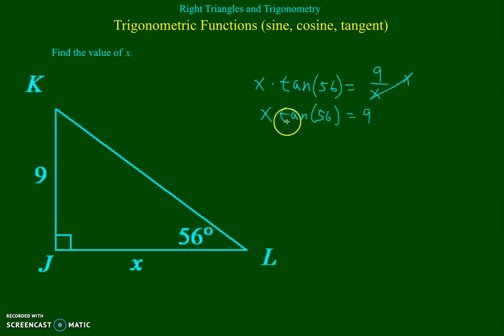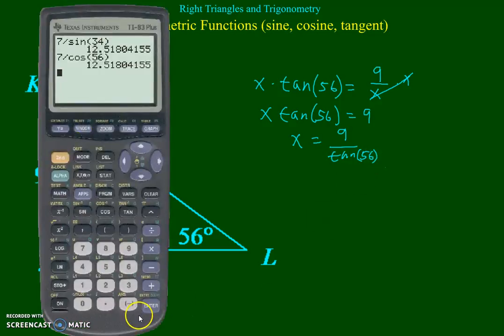And now this is just a number, so we're going to divide both sides by this number because we have to isolate the x. X equals 9 divided by the tangent of 56. Again, we bring up our calculator, and we have 9 divided by tangent 56, and it gives us 6.1 approximately.